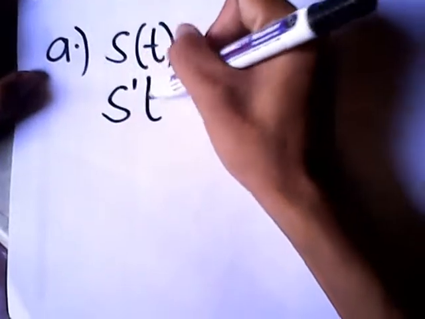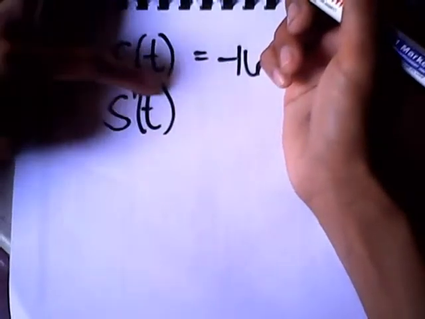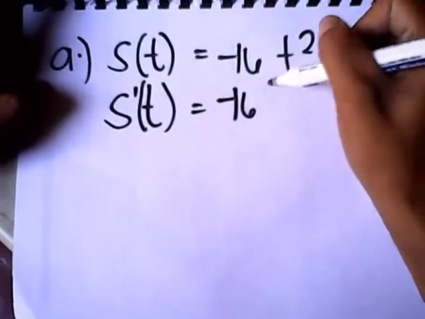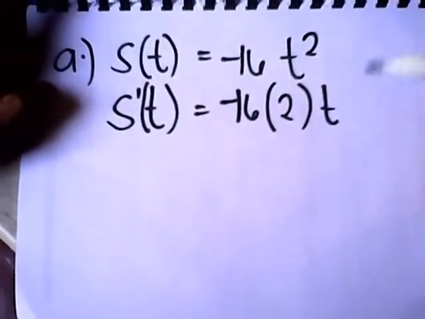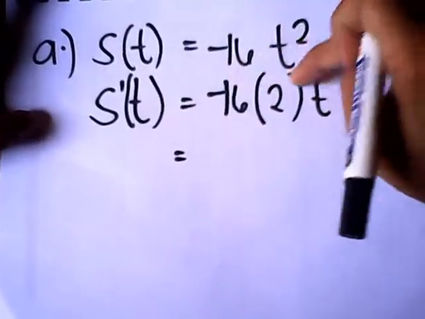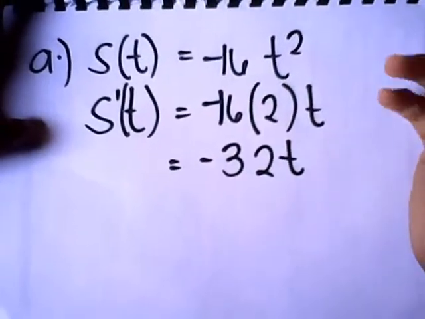Finding its first derivative, s prime of t is equal to negative 16 times 2, then times t. Multiplying negative 16 by 2, this will become negative 32t.